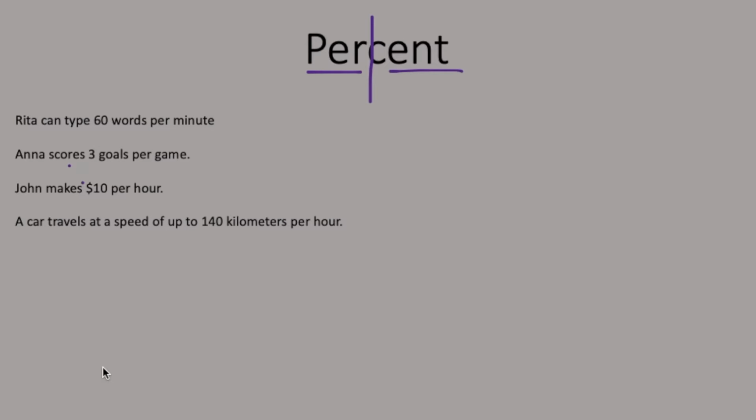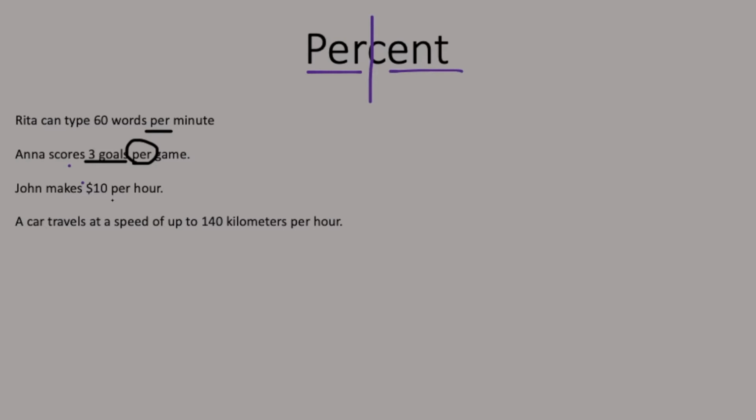So Rita can type 60 words per minute. So every minute she's typing 60 words. Good job, Rita. So Anna scores 3 goals per game. So every single game she is scoring 3 goals. And John makes $10 per hour.